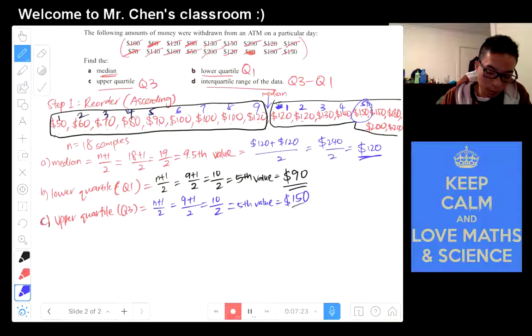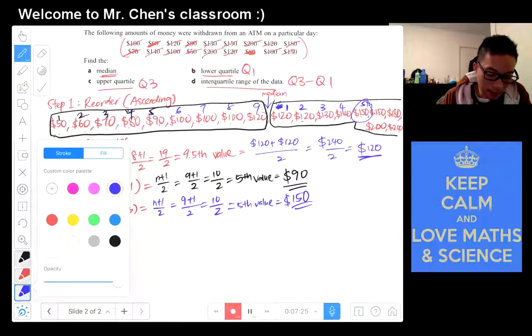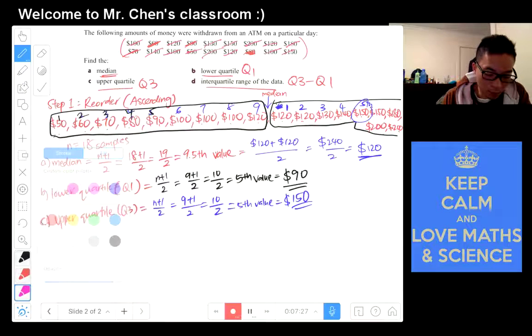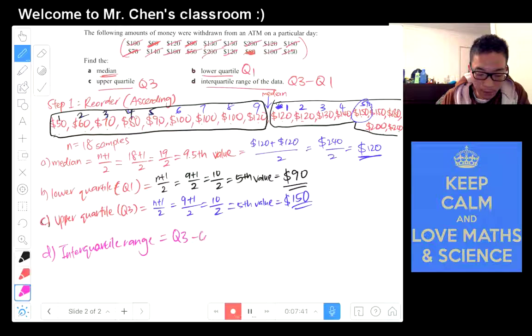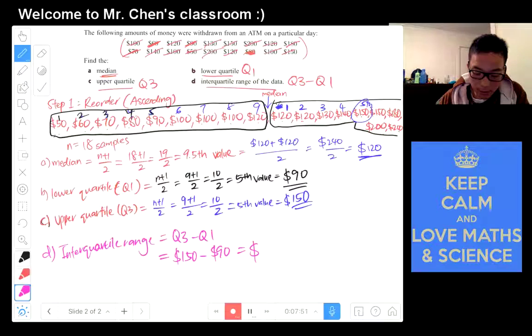So now, last part will be your D, which is your interquartile range, which is Q3 minus Q1. So your data here, Q3 is $150. Take away Q1, $90, which will give you $60.